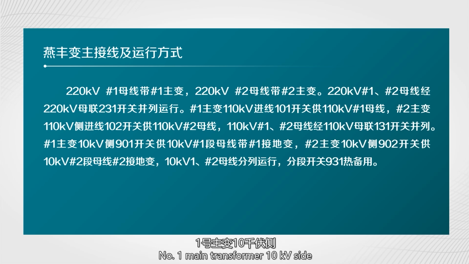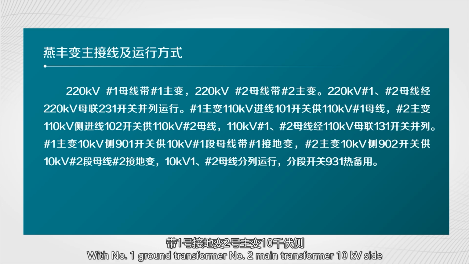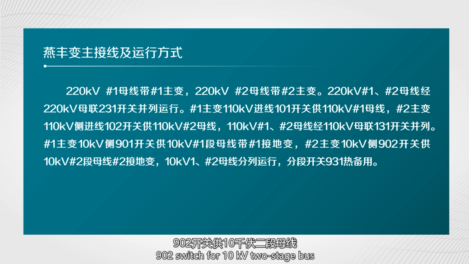Number 1 main transformer 10 kilovolts side, 901 switch for 10 kilovolts number 1 bus with number 1 grounding transformer; number 2 main transformer 10 kilovolts side, 902 switch for 10 kilovolts section 2 bus, number 2 grounding transformer.